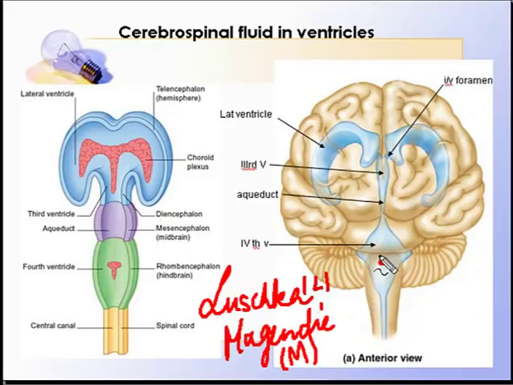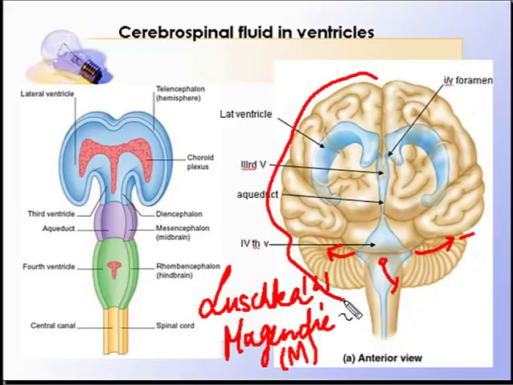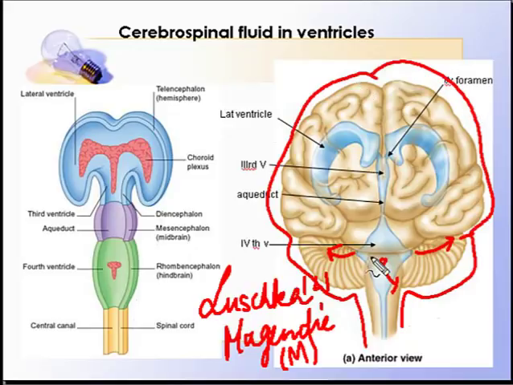So from these two lateral apertures and from this central aperture, the cerebrospinal fluid, which is produced in these ventricles, passes out and becomes continuous with the subarachnoid space. So here, if I was to draw the subarachnoid space this way, you can see the cerebrospinal fluid will pass out from the ventricles and become continuous with the subarachnoid space.